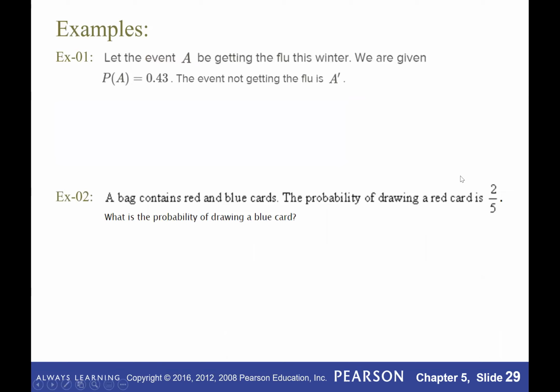Okay, so now I'll go over an example. The first one: let the event A be getting the flu this winter. We are given that the probability of A is 0.43.